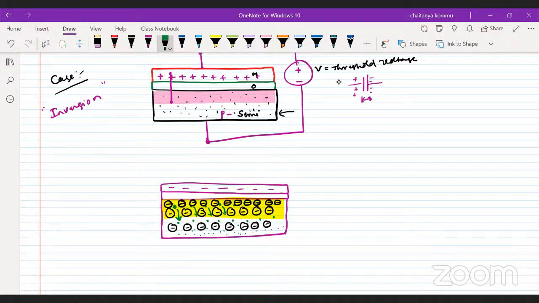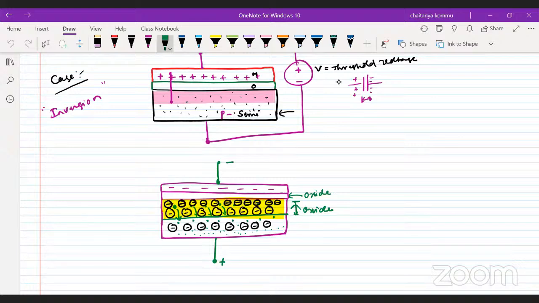Normally we know very well that this is an oxide. That means immobile ions are available in it. Some other immobile ions are also added to this one. This is also treated as an oxide only. Whenever you apply a negative charge on top of this metal, with respect to the positive charge at the bottom, because of the negative charge, the electrons are repelled.